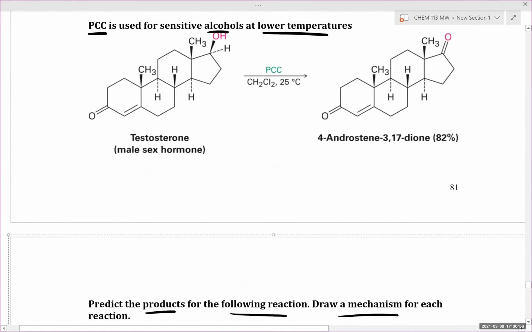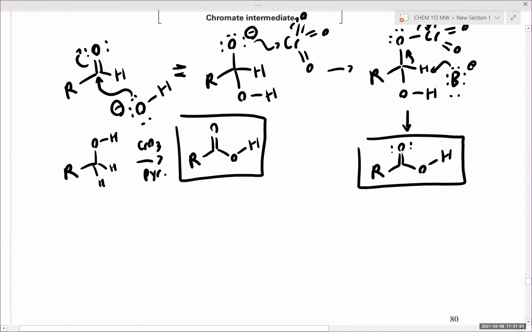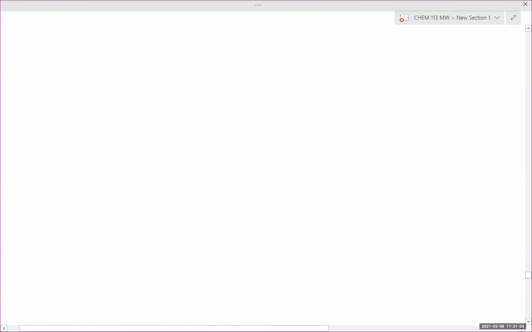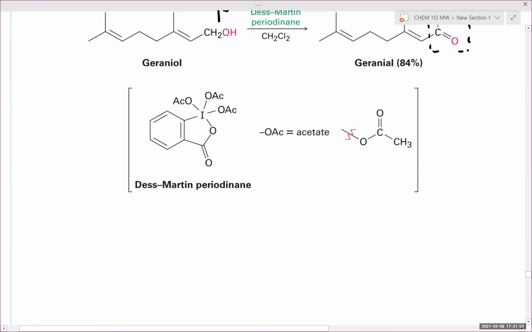Now, just as a refresher to ensure that everyone's on the same page here, let's go back up and refresh ourselves on the structure of Dess-Martin periodinane. So this is the structure for Dess-Martin periodinane.